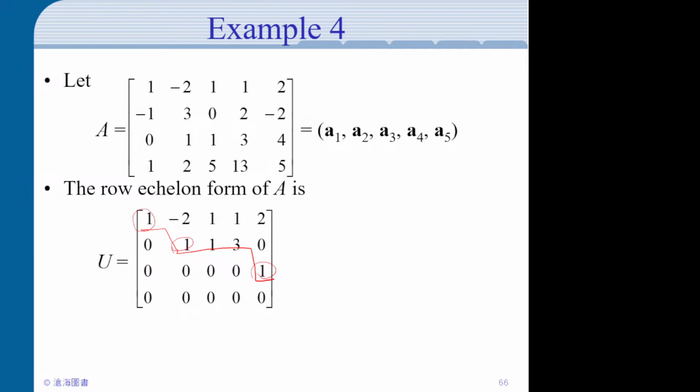Okay, and what is funny is then we will pick out those 3 columns, and we'll form a UL that is equal to this 3 by 4 matrix. Okay, and also then we'll pick out the same 3 columns from A, and we'll form an AL equal to this 3 by 4.